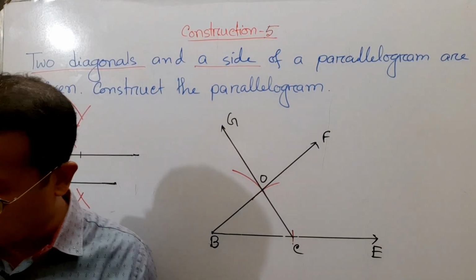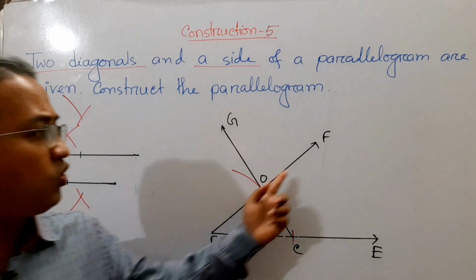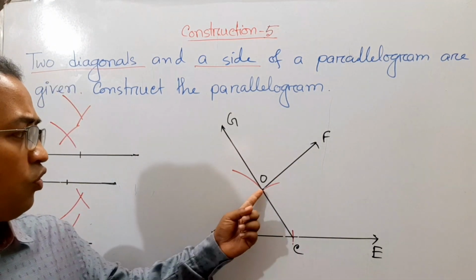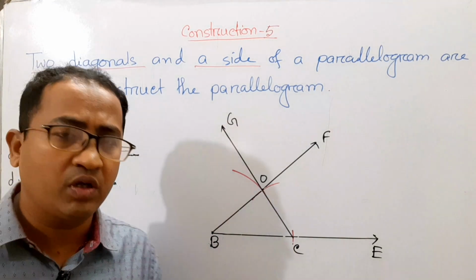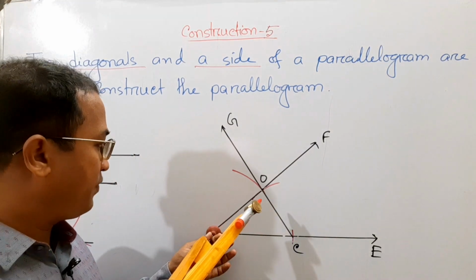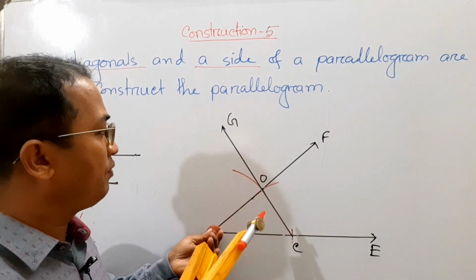Now from OF we will cut OD is equal to BO, I mean another half of D1. Another half of D1 we will cut from OF.